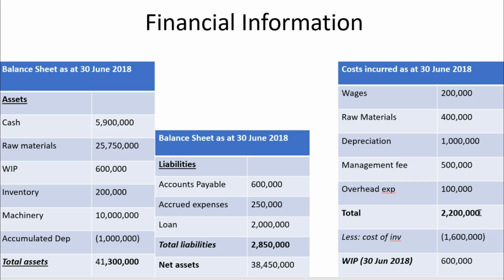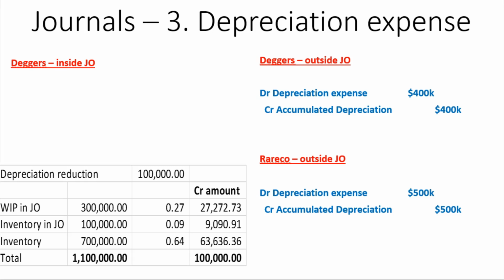So this means that across the work in process, the inventory account in the joint operation and the inventory which has been distributed out, they are overvalued by $100,000 from the perspective of Deggers Limited. So we need to make adjustments to reduce the value of these three accounts by $100,000 in total.